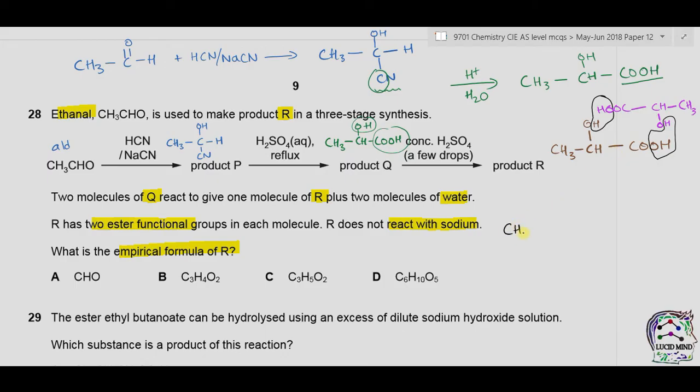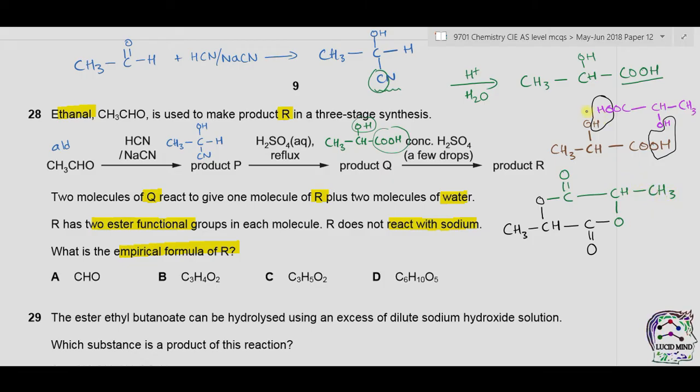We have CH3, CH, oxygen, C double bond O. Now drawing the second molecule, we have this oxygen bonded with this carbon atom. Then we have CH and also oxygen is present. And then we have CH3.